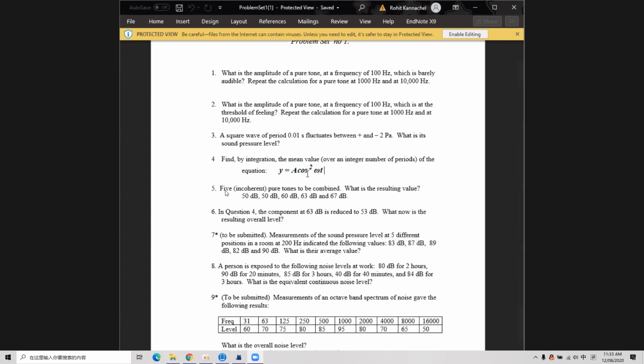What I suggest you do is to put this in Excel and calculate the area under the curve. Oh, I see. But make sure that you do it for an integer number of periods. So if I calculate the area, that would be the integration, right? Yes, true. Okay.